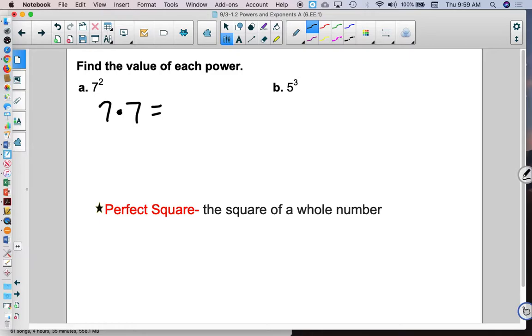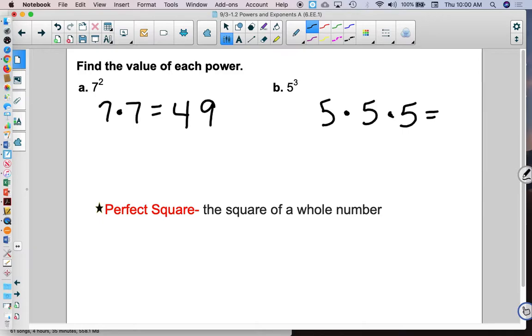No, I was thinking 7 plus 7. 7 times 7 equals what, Callie? 49. I absolutely agree. So somebody tell me how to expand B. I want it in expanded form. Give me the expanded form, David. 5 times 5 times 5. He's absolutely correct.